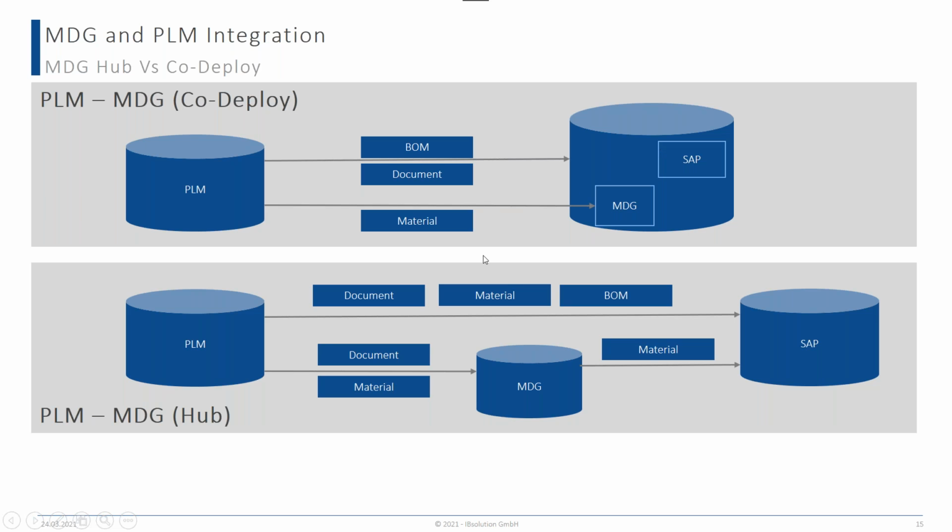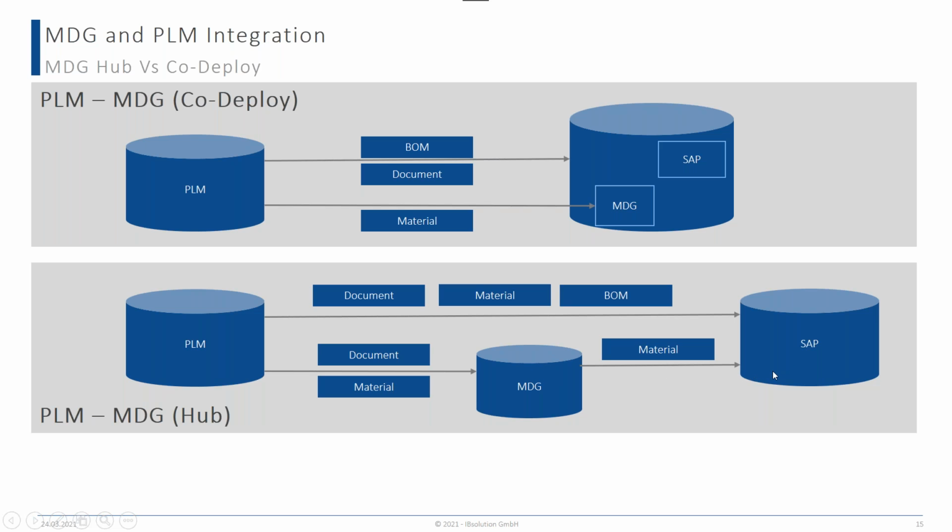It's perfectly fine. But in case we are using MDG as a hub system, then once we have a material available here, the change request or the creation will be sent to the MDG. Once the MDG completes the processes, validates, maintains, and approves everything, then the MDG will send the information to the SAP.